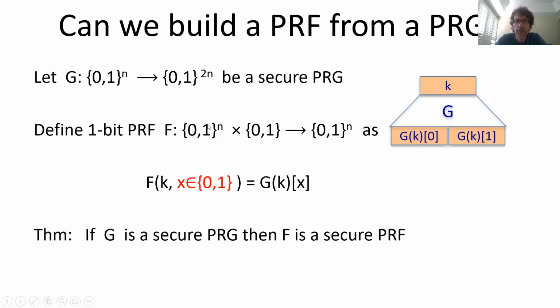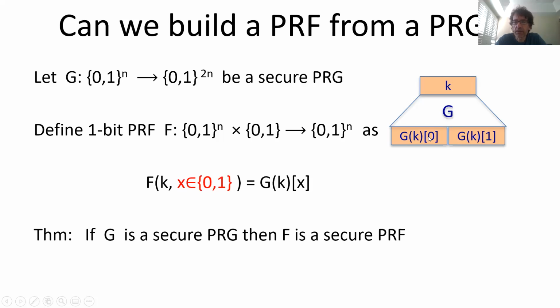So the key is n bits, and the PRF takes an input, which is a single bit, and outputs an n-bit string. And how? It applies the PRG to the key k. It creates a string of length 2n, right? Because the G creates outputs of 2n when you give it n bits.